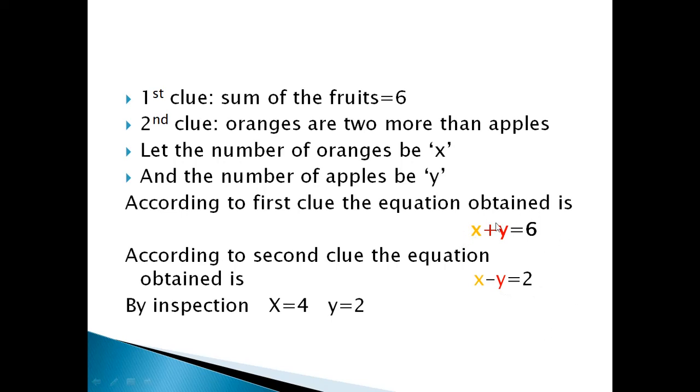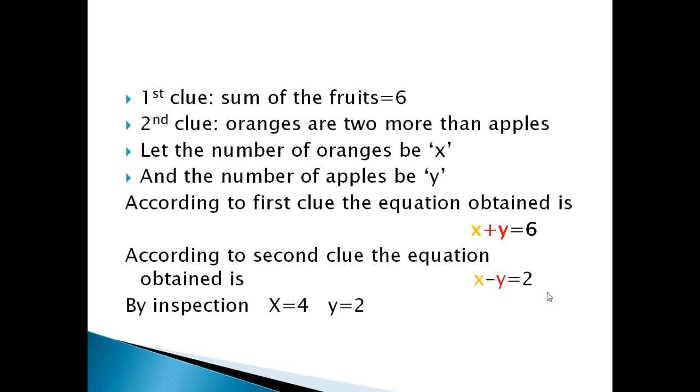So here we are getting the two equations, that is x plus y is equal to 6 and x minus y is equal to 2. The pair of equations obtained like this is called a pair of linear equations in two variables.